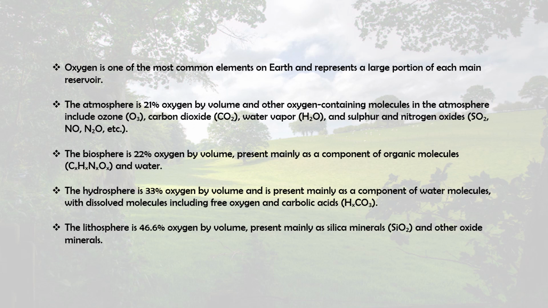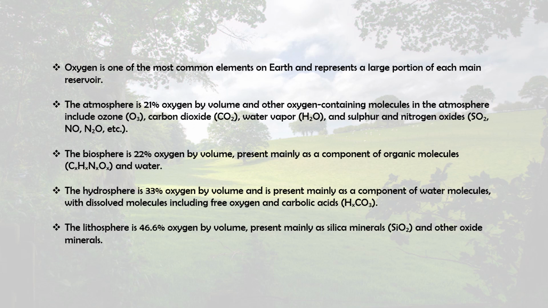And oxygen is the most common element on earth, and it represents a large portion of each main reservoir like atmosphere, biosphere, etc. And here we will discuss some percentages of oxygen within all these spheres. So the atmosphere has 21% oxygen by volume, and there are also other oxygen containing molecules in the atmosphere like ozone, carbon dioxide, water vapor, sulfur and nitrogen oxides.